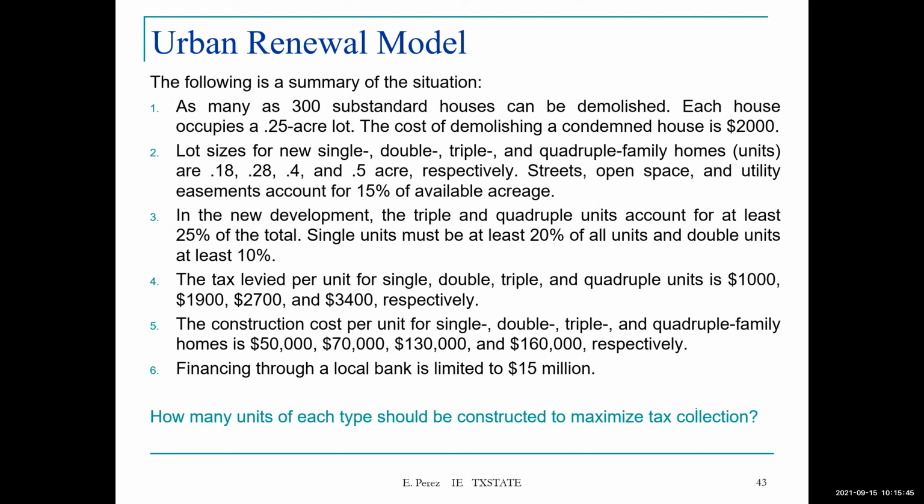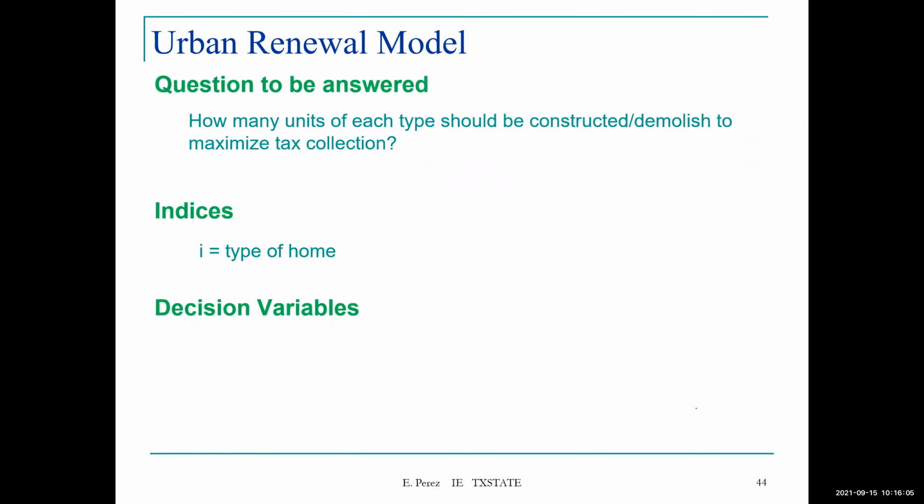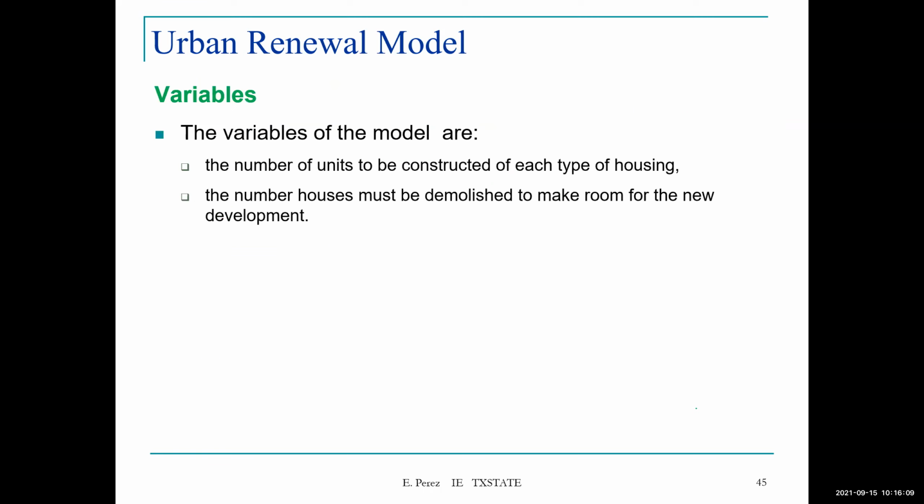We have a cost associated with demolishing each house, so we're going to apply that to the objective function. That's why we need to account for the number of houses that are going to be demolished, because the profit is going to be the collected money minus the cost.